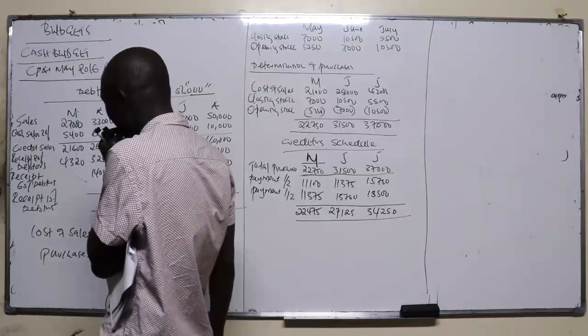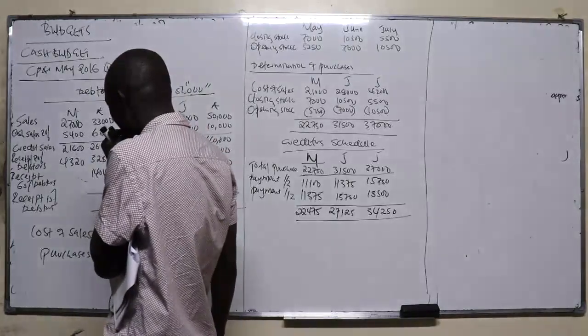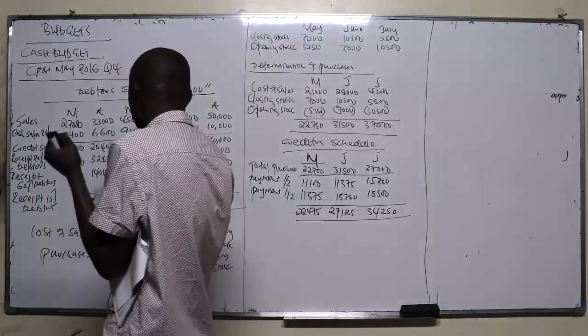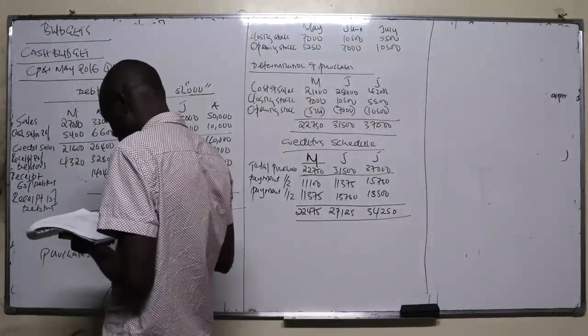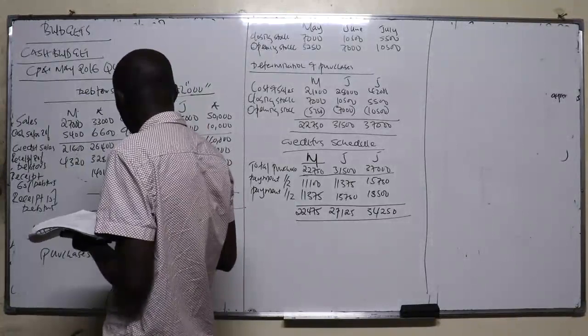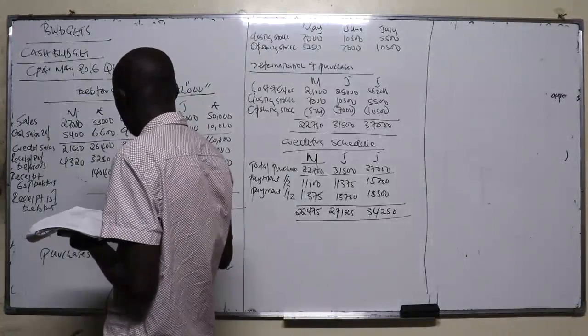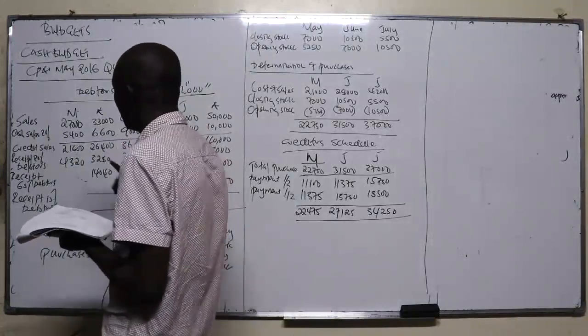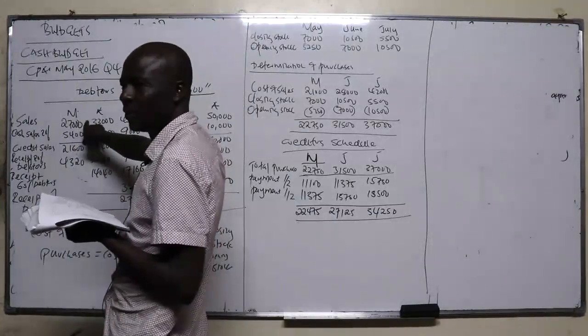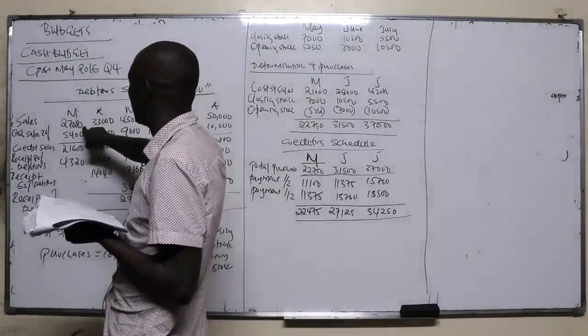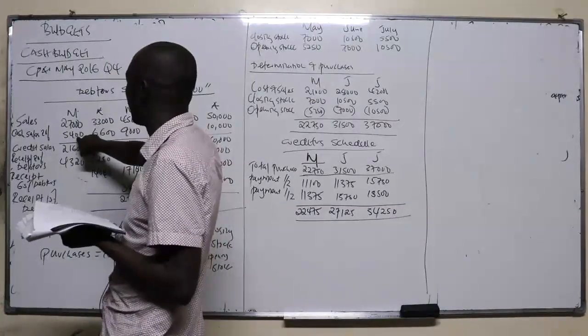The stock was? The stock. The credit sales was 30? On March? It wasn't credit sales, these were total sales. Yeah, so the credit sales will be less 20% cash sales.